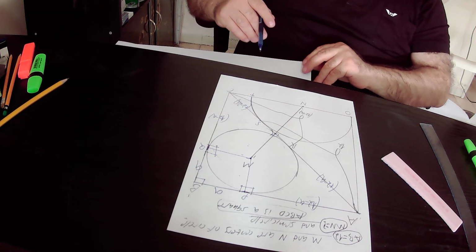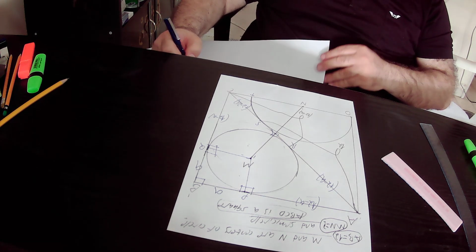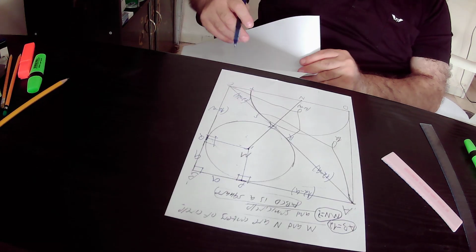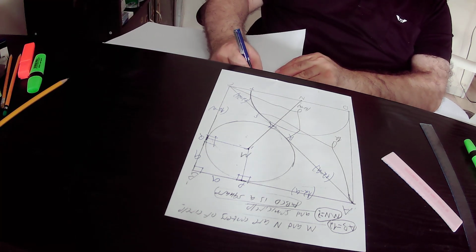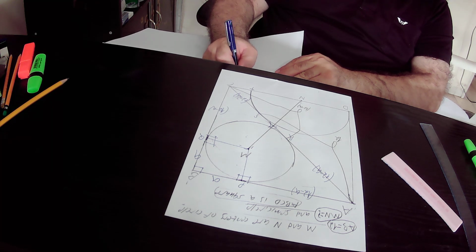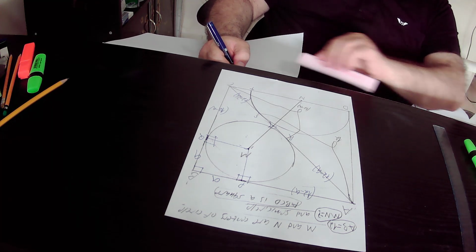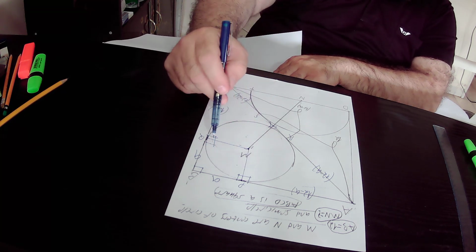So actually, in quadrilateral PBMQ, we have 1, 2, 3 right angles.